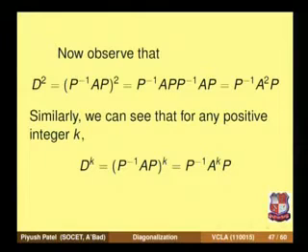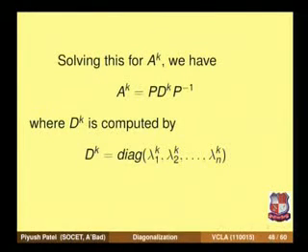Similarly you can observe that D to any positive power k is the same as P inverse A to the power k P, and therefore we have this relation between A to the power k and D to the power k, that A to the positive power k is given by P into D to the power k into P inverse.